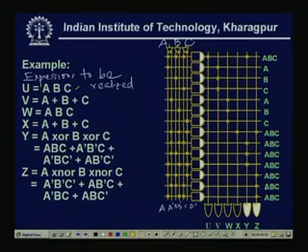First one is A, B, C. So, this minterm is my A, B, C. Second, or the product term we can say, so my P 1 equal to this.